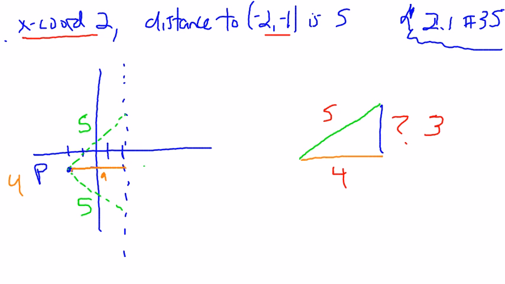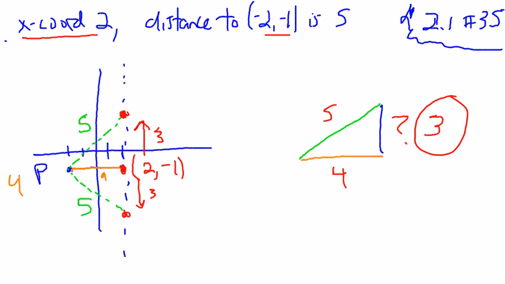So the coordinate of this point that's directly right of the P is, remember this guy was negative 2, 1. So I go over 4, so that's 2 comma negative 1. Now what I need to do is go up 3, that's this distance, to get to this point, and then down 3 to get to that point.